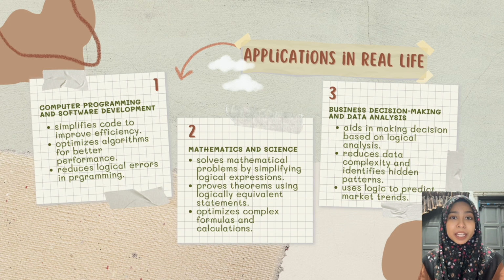By simplifying complex data, businesses can identify hidden patterns that may not be immediately obvious, allowing for better strategic planning. Logical principles also help predict market trends and assess risks, ensuring businesses can make informed decisions that drive growth and improve overall performance.